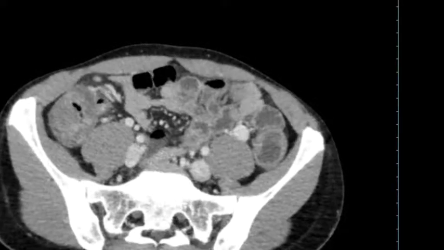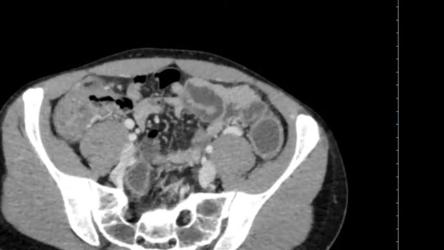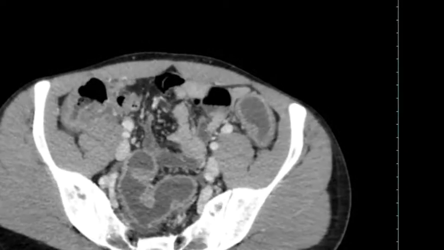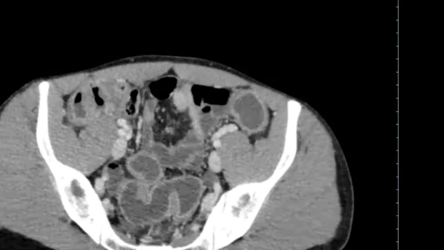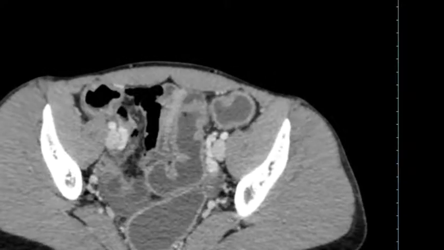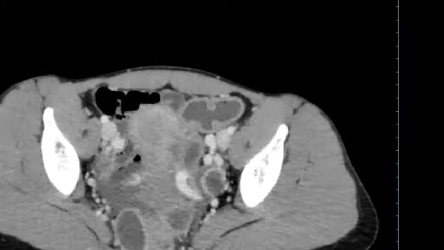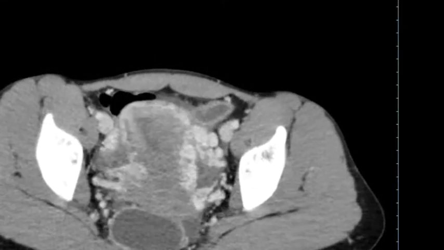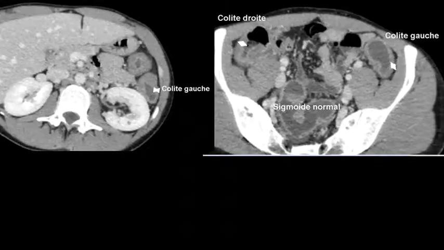It's obviously pathologic, but it's difficult to see, and the adenopathy is less visible than in echography. The echography was better to see the lymphadenitis, and when you go downstairs, you can see that the sigmoid is thin. The sigmoid is normal. There are liquid stools, but it's normal.